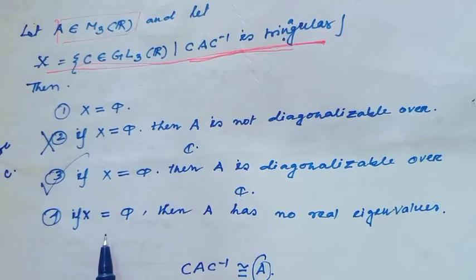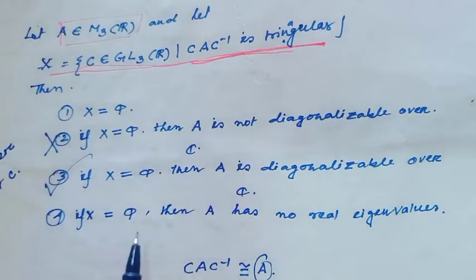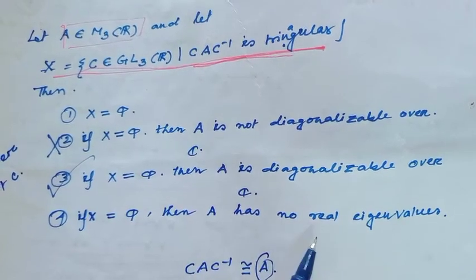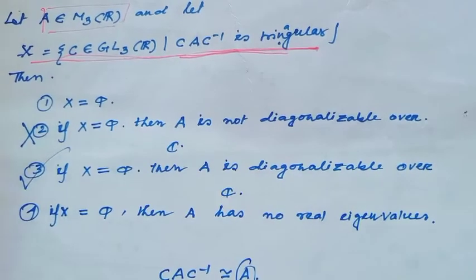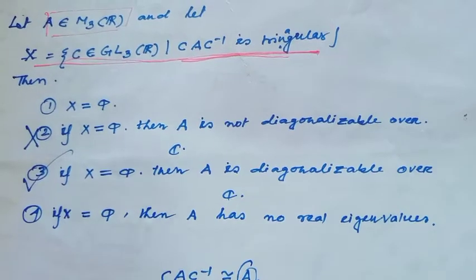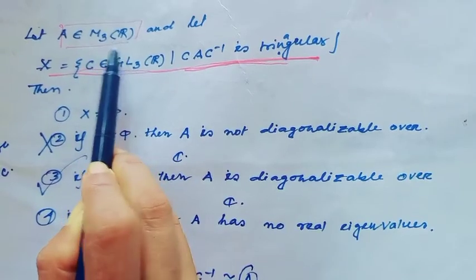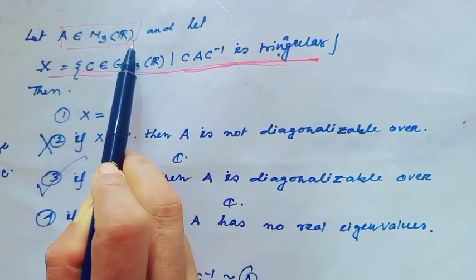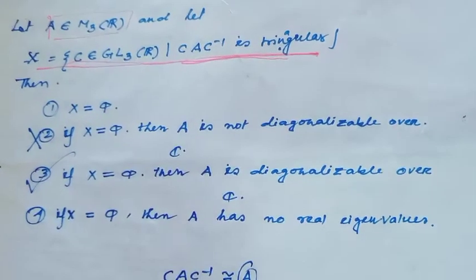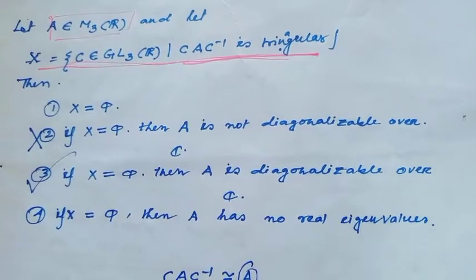And option 4 says that if X is empty, then A has no real eigenvalues. This is also a wrong option, because the matrix is 3x3, and for an odd degree polynomial there always exists one real root.